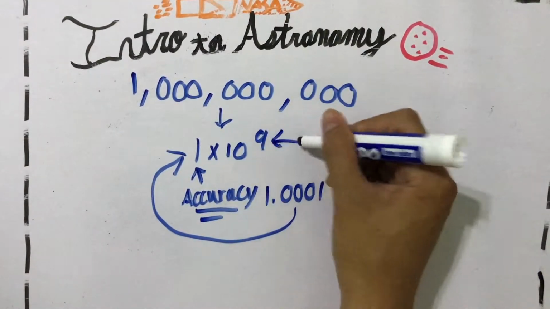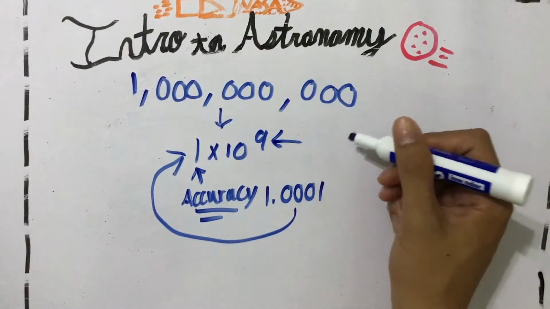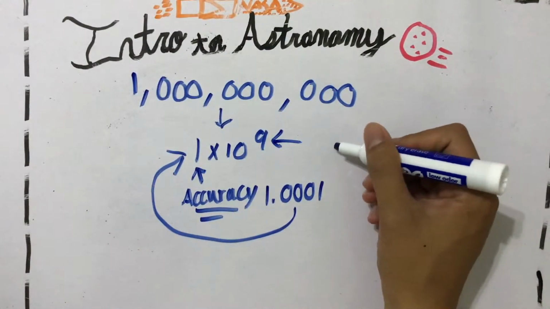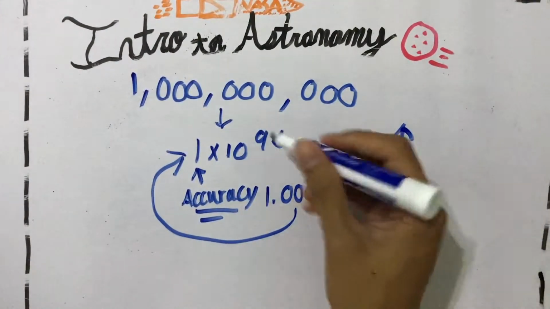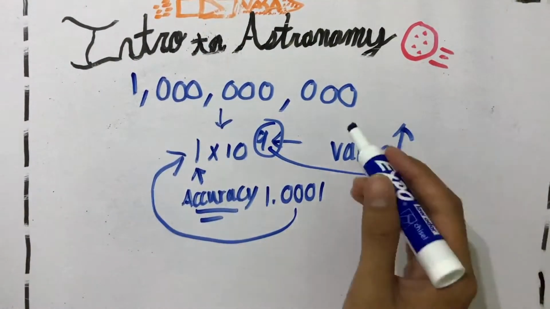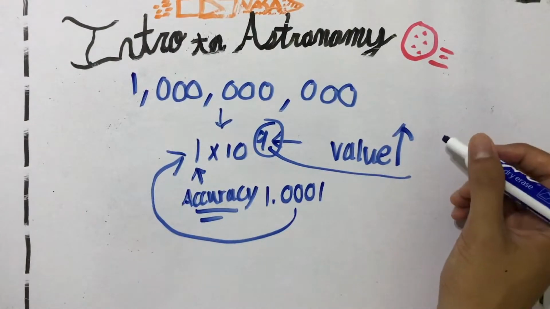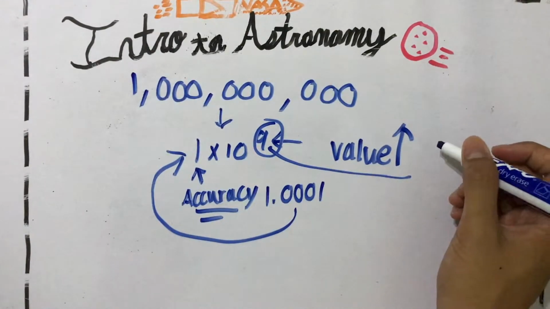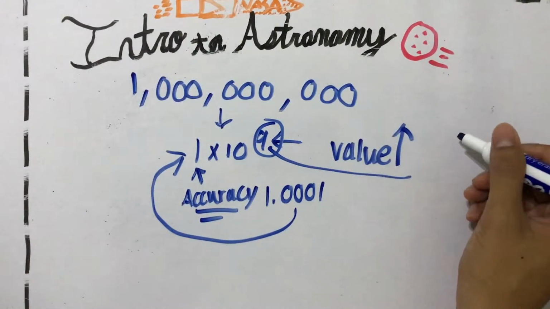For this number right here, it becomes positive when the number is greater. When the value increases, this number also increases. And when we decrease the value, pretend we become less than 1 but go closer to the value of 0, then this number will become negative.